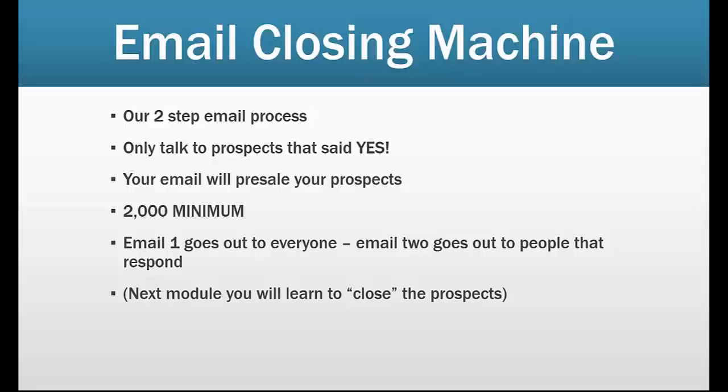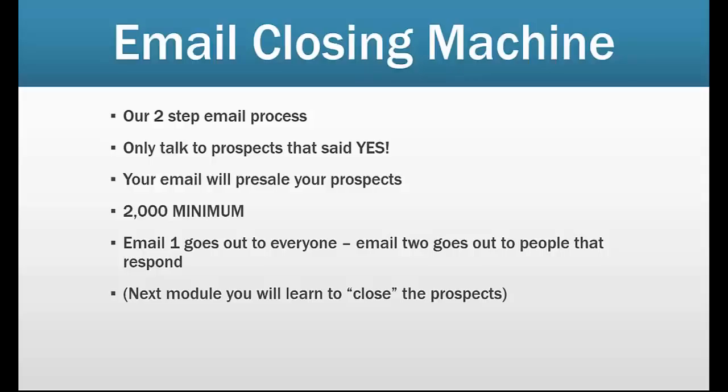Depending on what statistics you believe, there's only about 3% of the market that is looking for your products or services at any particular time. So there's only about 3% of the marketplace who are actively looking for SEO services, website design services, or something like that. With our two-step email process, we send out a shotgun approach to 2,000 plus prospects at a time, and let them filter themselves out to only those 3% that are actively looking.